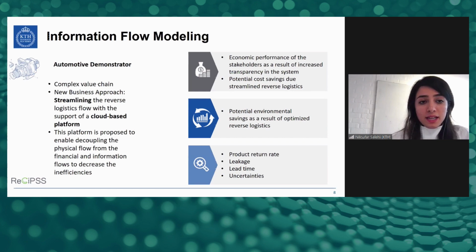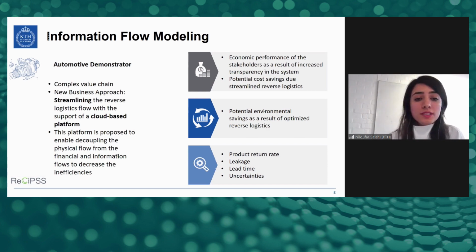Again, as an example, the other demonstrator in our project, RECIPS, was an automotive demonstrator, for which a multi-method model considering the information flow was developed to define and model their new business approach, as they are streamlining their reverse logistics with the support of a cloud-based platform.